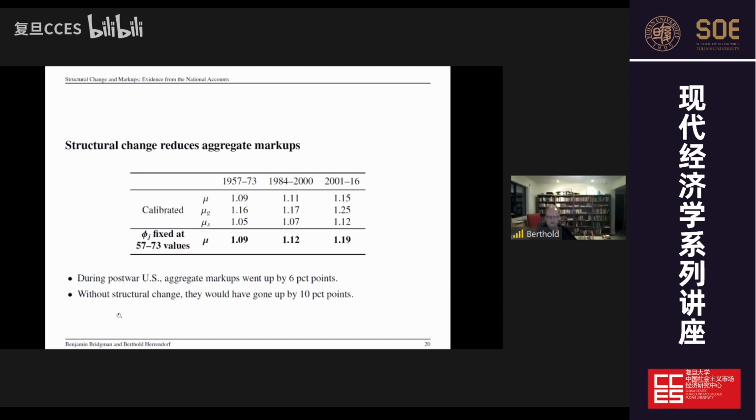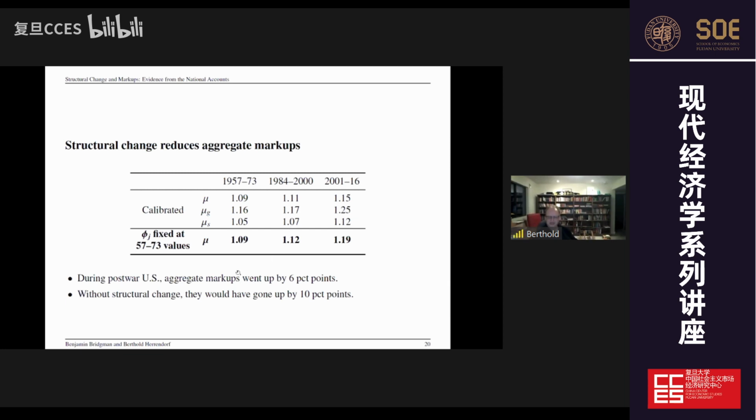Now, if you look at the numbers here, the markups in goods are considerably higher and increased more than they were in services: 17 to 7, 25 to 12. So reallocating from goods to services is muting the aggregate response to differences in markups.